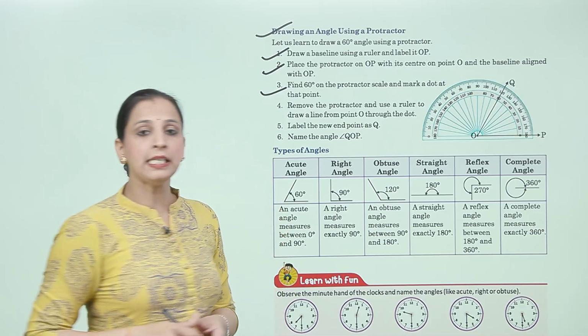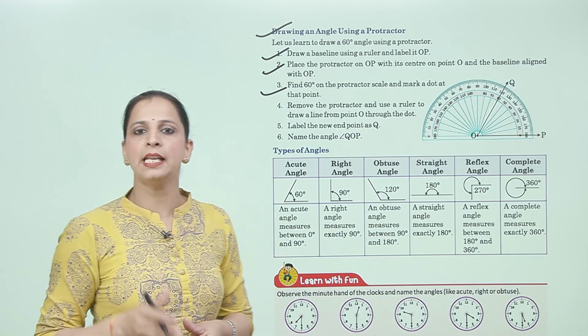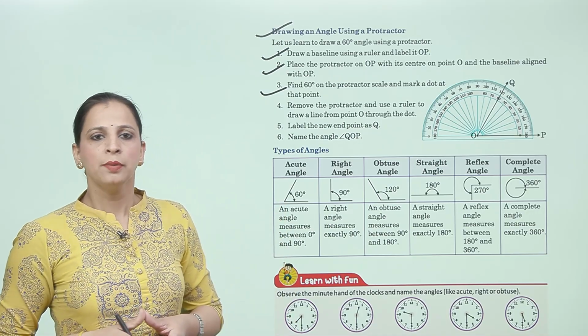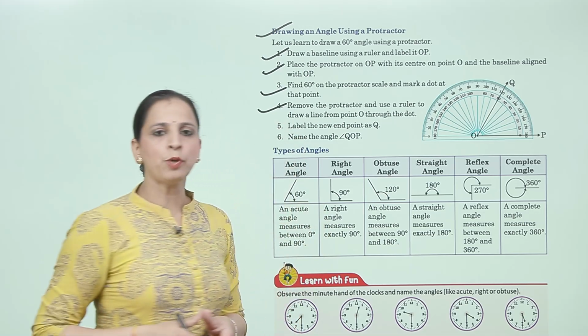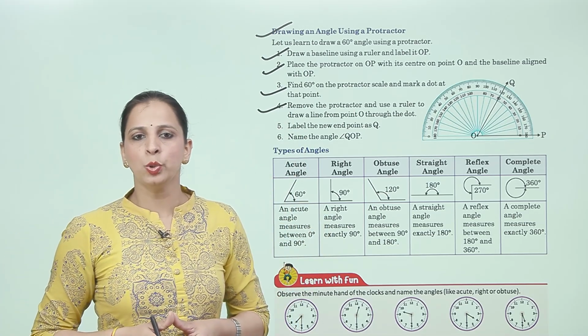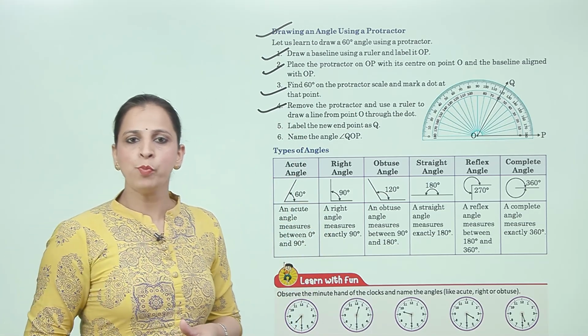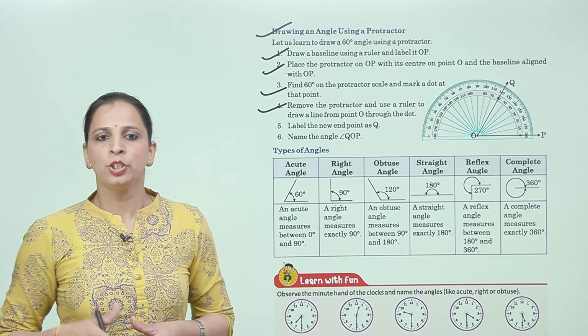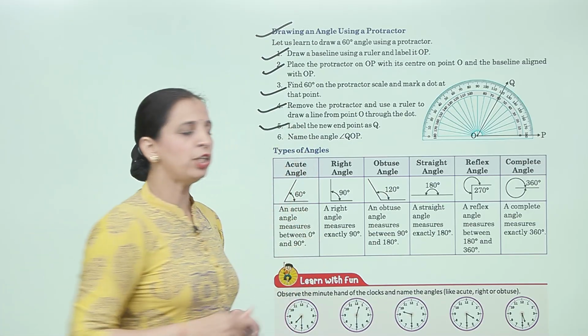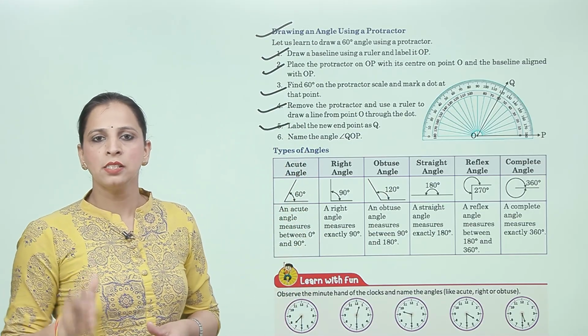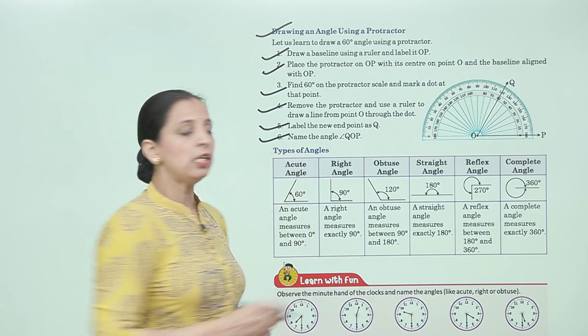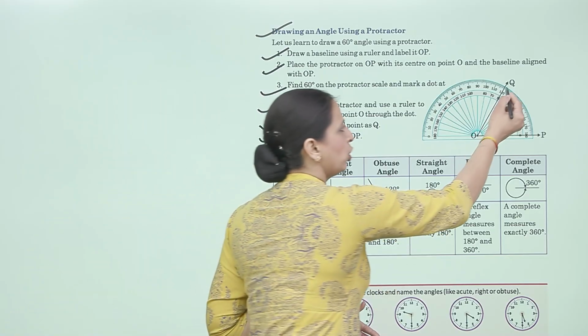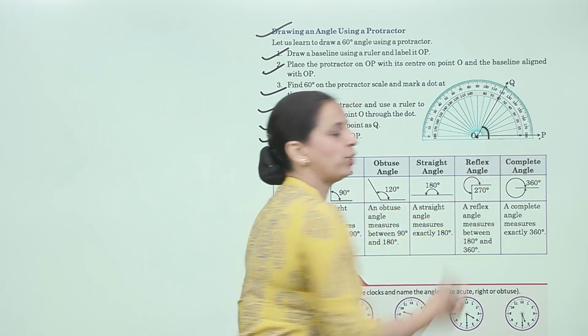Now, find 60 degrees on the protractor scale and mark a dot at the point. Remove the protractor and use a ruler to draw a line from point O through the dot. Now label the new end point as Q. Name the angle QOP. This is the 60-degree angle.